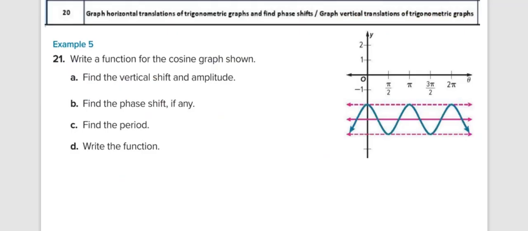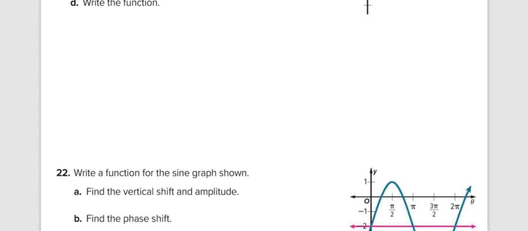Last question, the free response question 20, from this page, where we need to find the vertical shift, amplitude, and phase shift. Firstly, I'm going to discuss questions 41, 42, 43, 44 before 21 and 22.